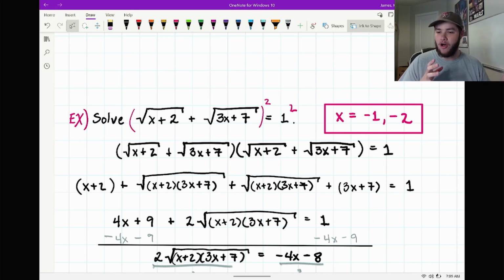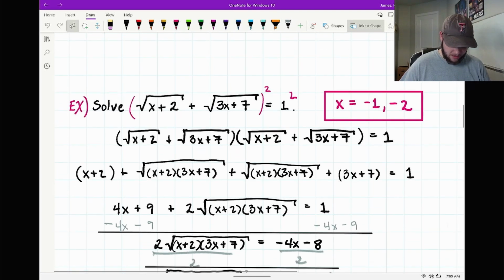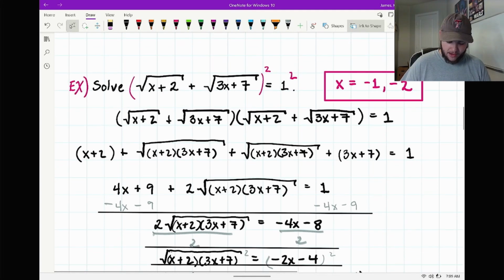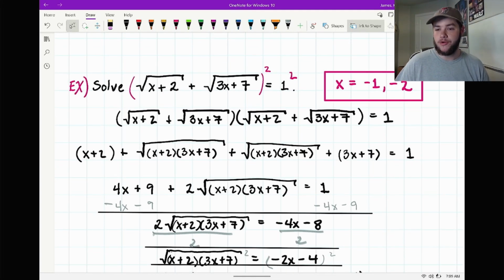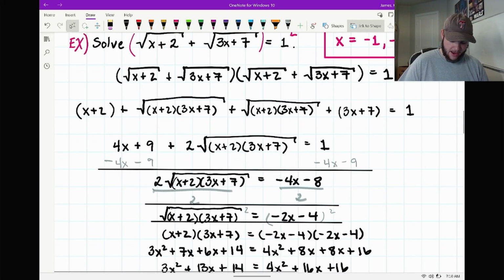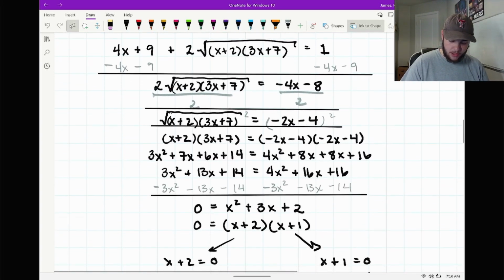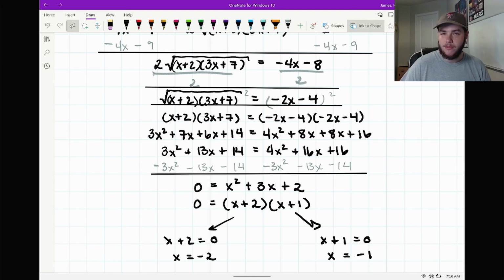I can move all of my non-radical terms over to one side, and that leaves me with the square root of x plus 2 times 3x plus 7 is equal to -2x minus 4. From here, this is a radical equation that looks like the previous one that we solved. So I just square both sides. And that leaves me with a polynomial equation that ends up giving me the solutions -1 and -2.